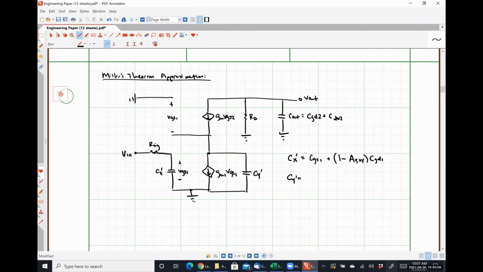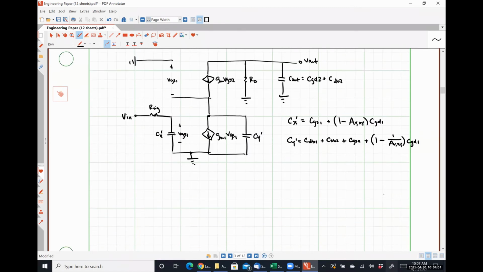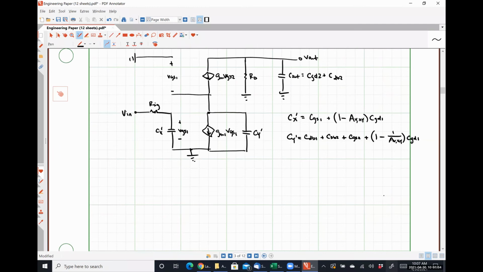CY prime is going to be CDB1 plus CSB2 plus CGS2 plus 1 minus 1 over AVXY times that same capacitance, CGD1. So let us now determine AVXY.